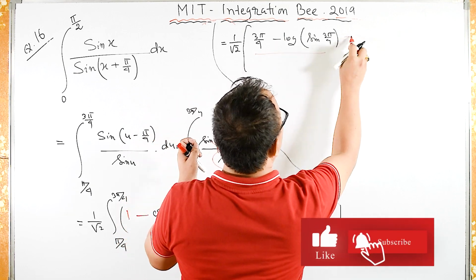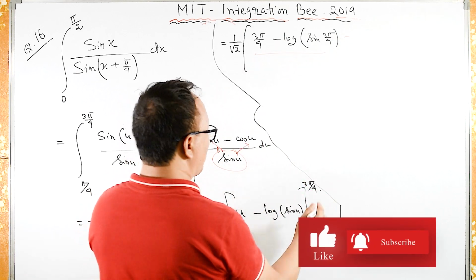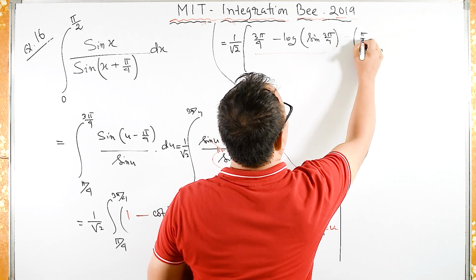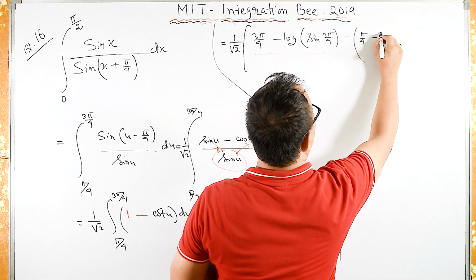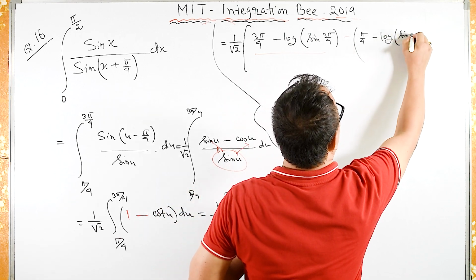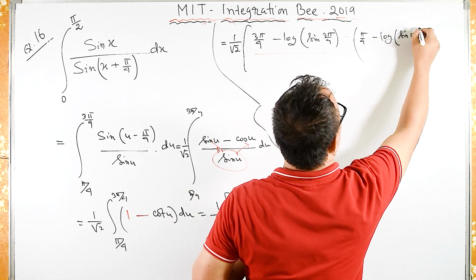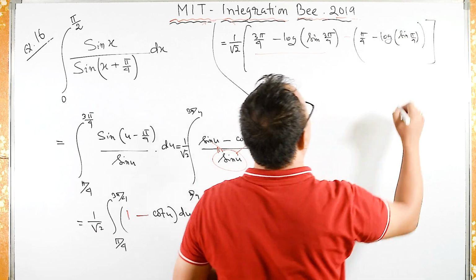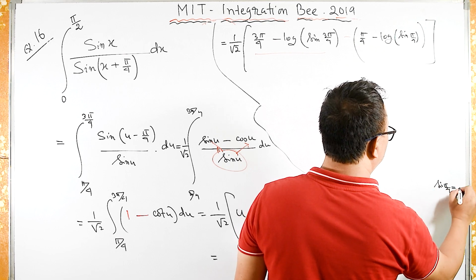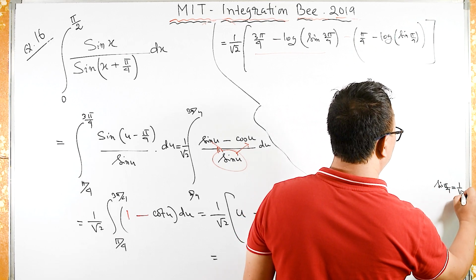So minus the lower limit, which is pi by 4 minus log of sine of pi by 4. Okay. Sine of pi by 4 is 1 by root 2.